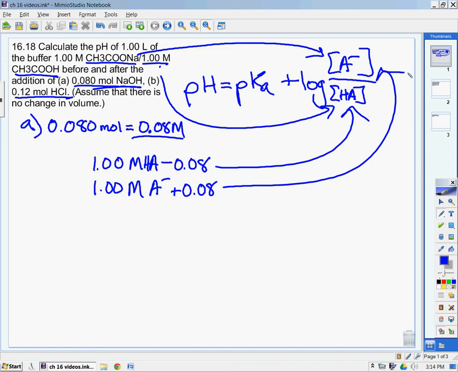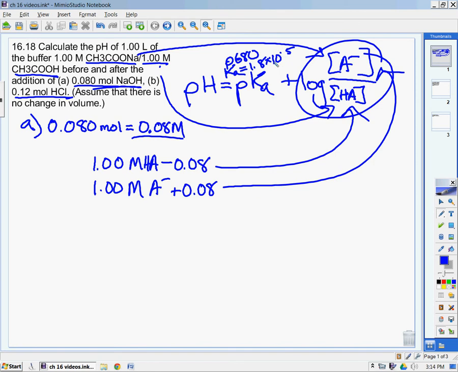As for the pKa, well, we have this whole fraction figured out then. But the pKa, we don't know. You got to look it up. I found it in the textbook on page number 680. So on page 680, I found that the Ka of this acid, which is acetic acid, is 1.8 times 10 to the negative fifth.